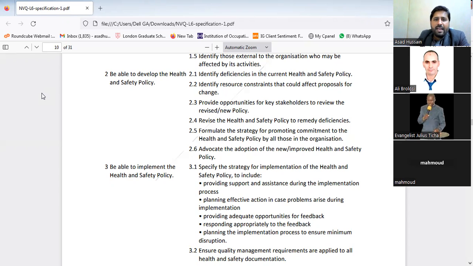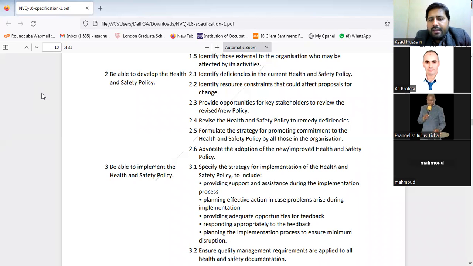Okay, now we have 2.6, advocate the adoption of the new improved health and safety policy. So do remember that whenever there is a change, whether it's good or bad, it is not easy to accept that.